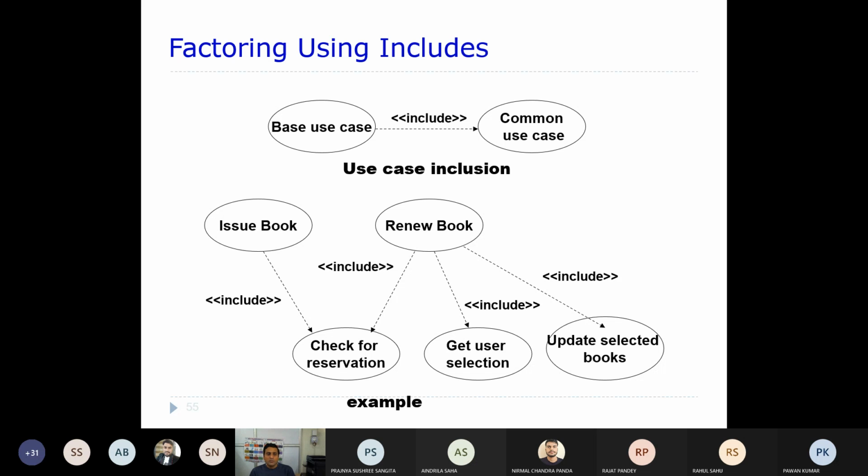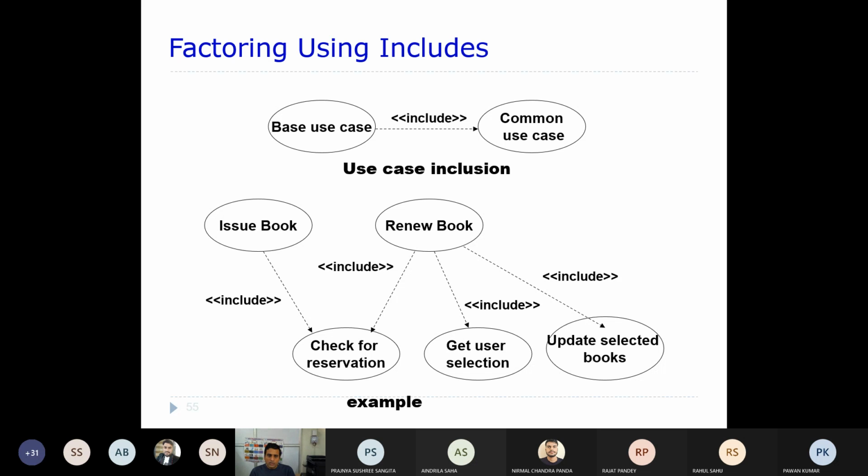That means before issuing a book, you check whether that book is reserved or not. If it is reserved, then you cannot issue it. So you have a dependency here. Similarly, whenever you want to renew a book, you first check whether it is reserved. If it is reserved, it cannot be renewed again.